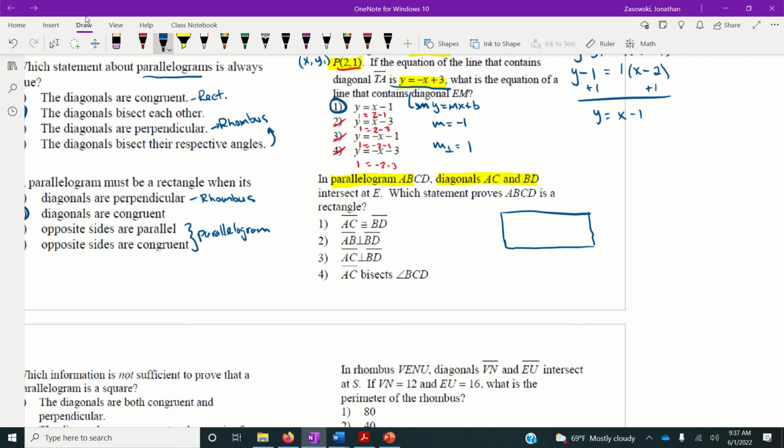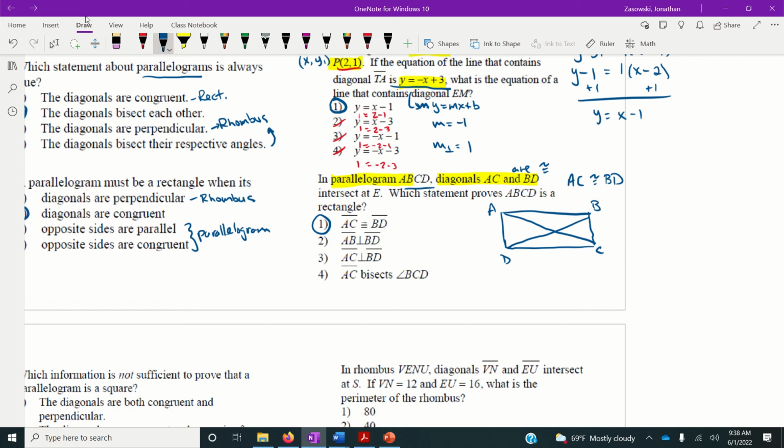Now, remember when we label A, B, C, D, we just pick a corner and then go around in a circle labeling those letters. If the diagonals are drawn, remember that in a rectangle, the diagonals are congruent. So that means that AC should equal BD. That is choice number 1.